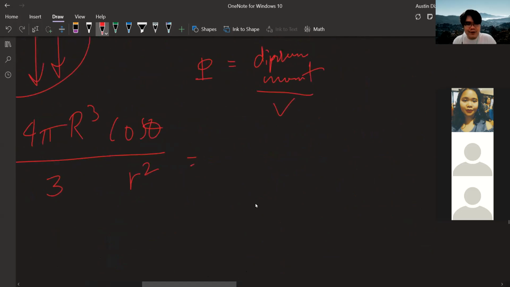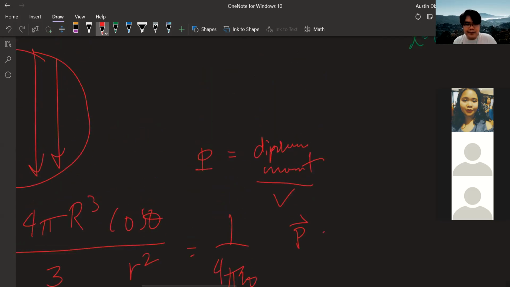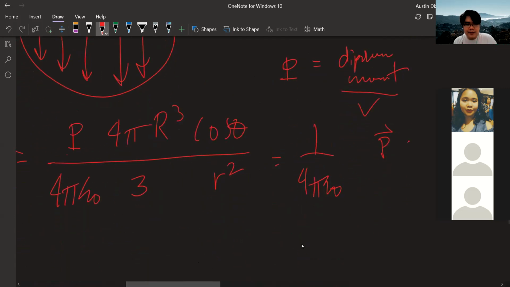No? So, this is just 1 over 4 pi epsilon naught P. Yung small p na to, dipole moment na, dotted with r hat. Okay? Para makuha yung cosine theta. And then just r squared.